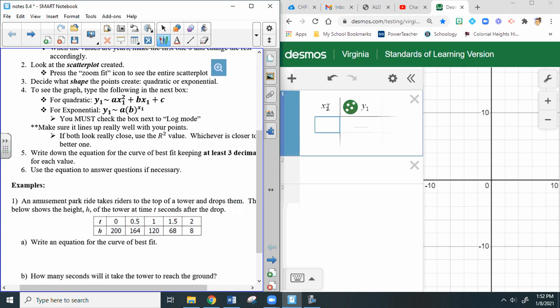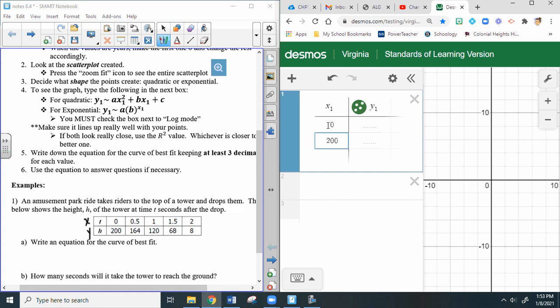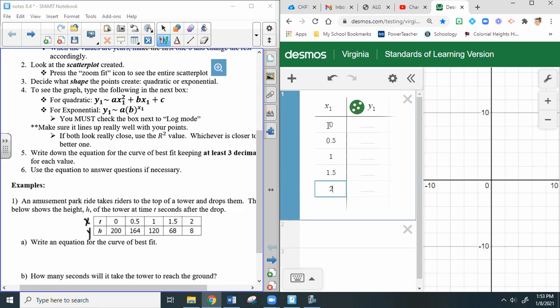In Desmos, your table is always going to be an x value and a y value, so you have to make sure that you understand that your table technically represents an x and a y value. In the x column, I'm just doing times first: 0, 0.5, 1, 1.5, and 2. Those are all the times. And then in the y column, I'm going to put all the heights.